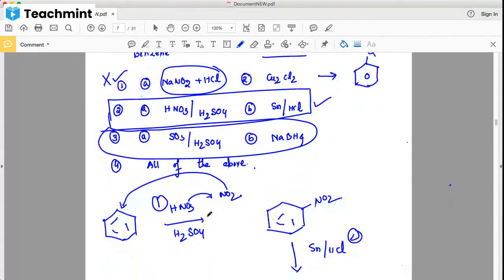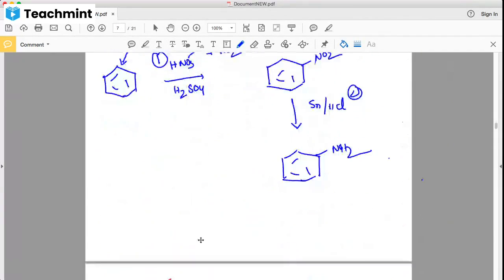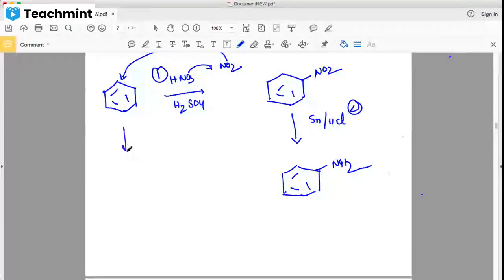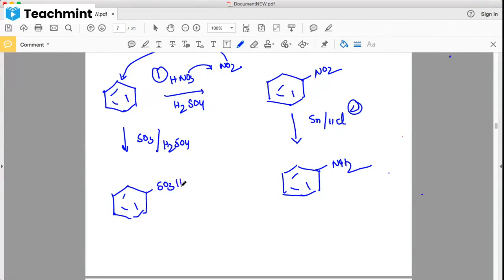The reason is the first reagent is SO3 plus H2SO4. This is a sulfonating reagent. SO3 acts as an electrophile, so because of the electrophilic substitution reaction, you will get benzene sulfonic acid, and if you react it with sodium borohydride, no reaction.